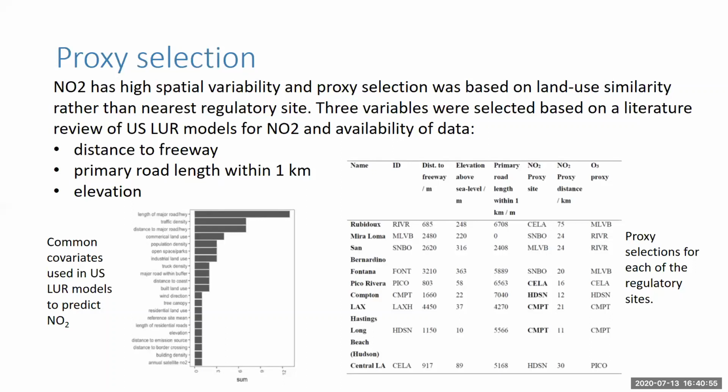We chose distance to freeway, primary road length within 1 kilometre and elevation. And in the table to the right are the proxy selections for each of the regulatory sites. And you can see that in some cases the proxy is some distance away from the regulatory site.